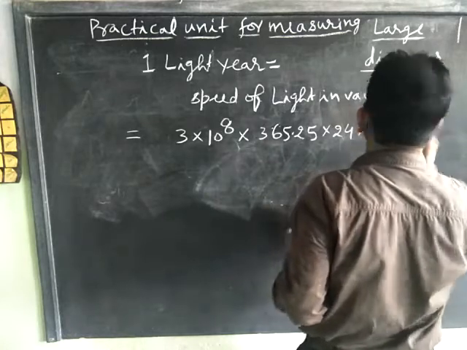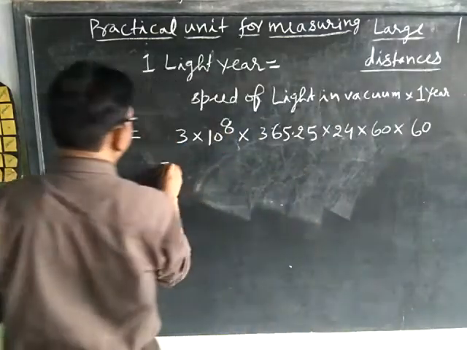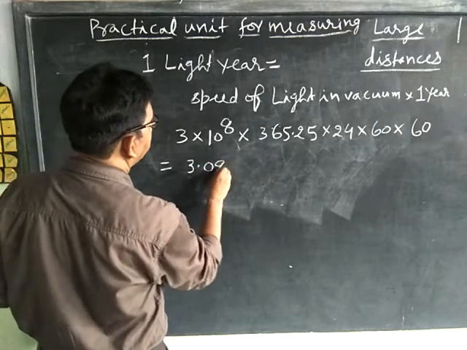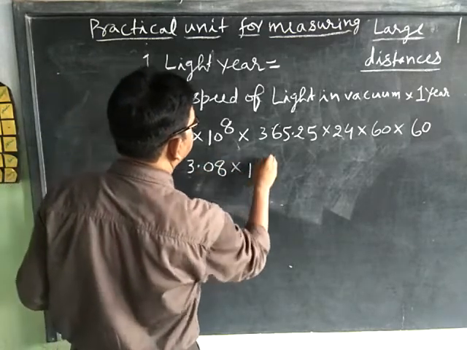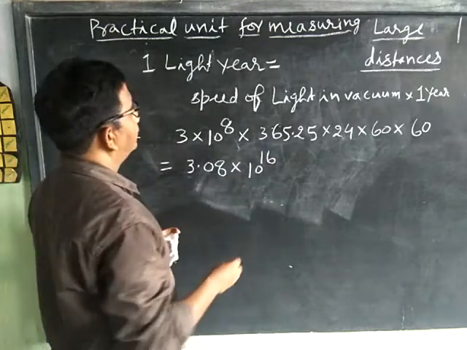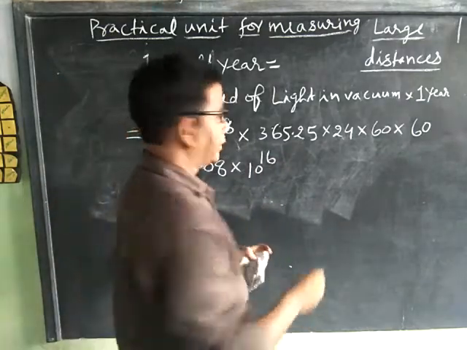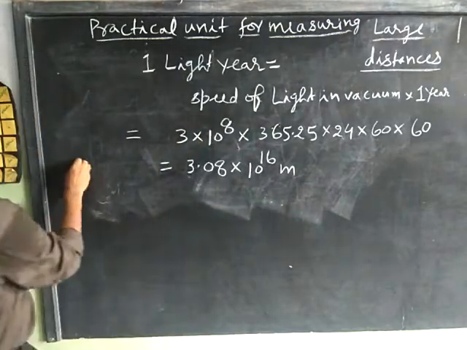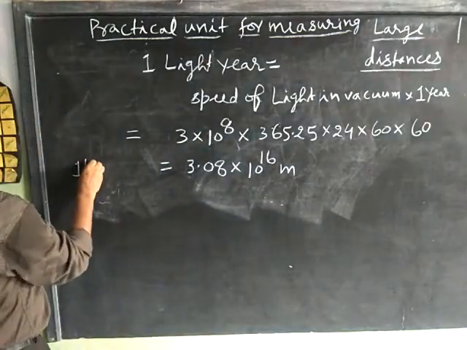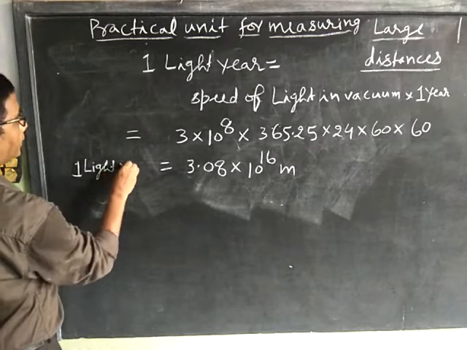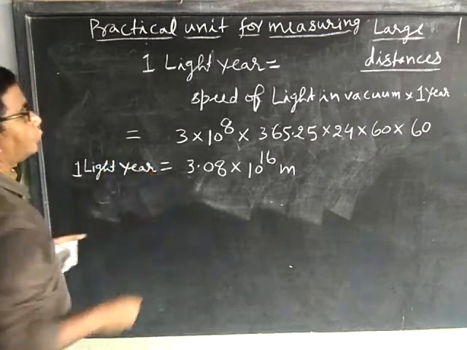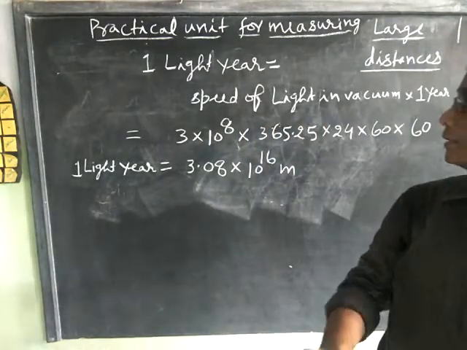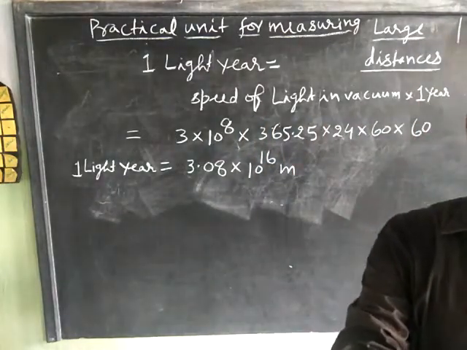Thus, when we solve this, we get 3.08 into 10 power 16 meter. Thus, we can say 1 light year is equal to 3.08 into 10 power 16 meter.